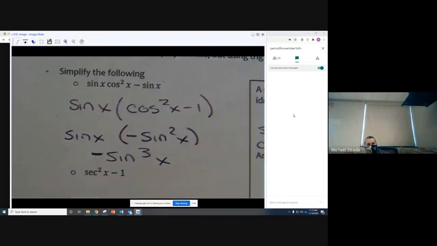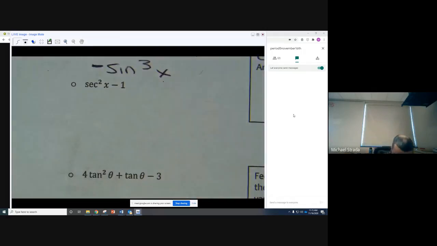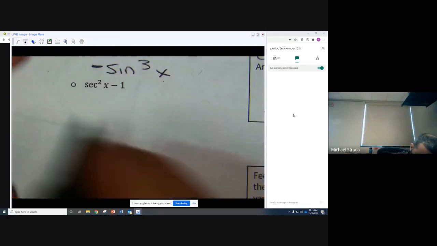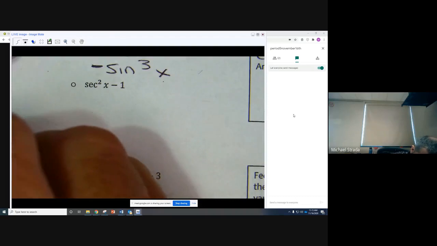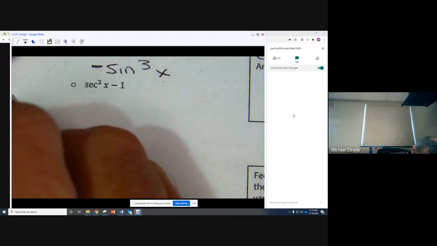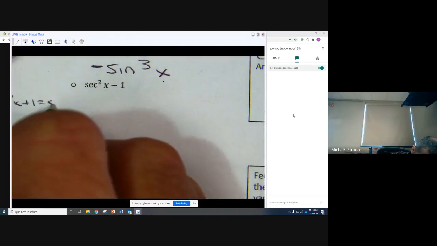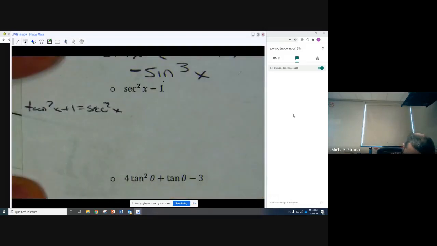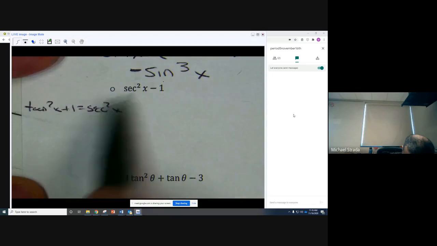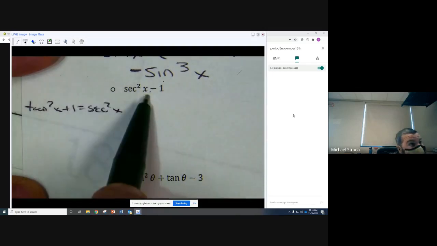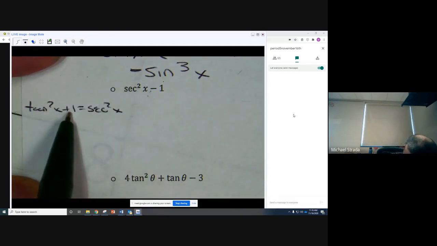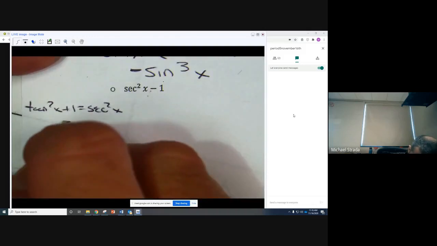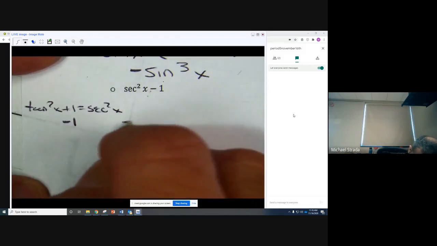And sometimes it's more straightforward. For example, secant squared x minus 1. Your Pythagorean identity says tangent squared x plus 1 equals secant squared x. Well, if I wanted to get that to look like that, the straightforward way is, how would I get rid of the plus 1? Subtract 1.